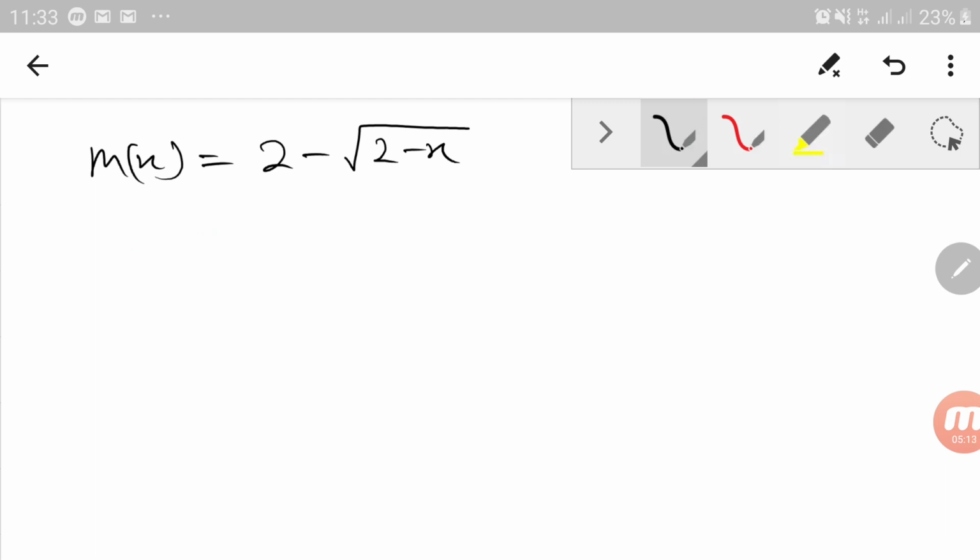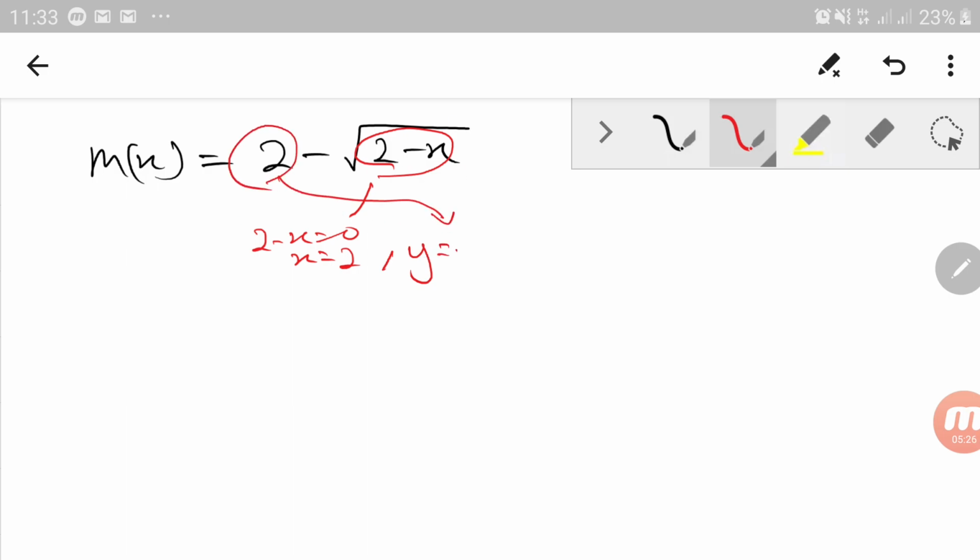So where to find the value? x is from here, so 2 minus x equals 0, x equals 2, while y is the number outside the surd, which is positive 2. So the starting point is at (2, 2).